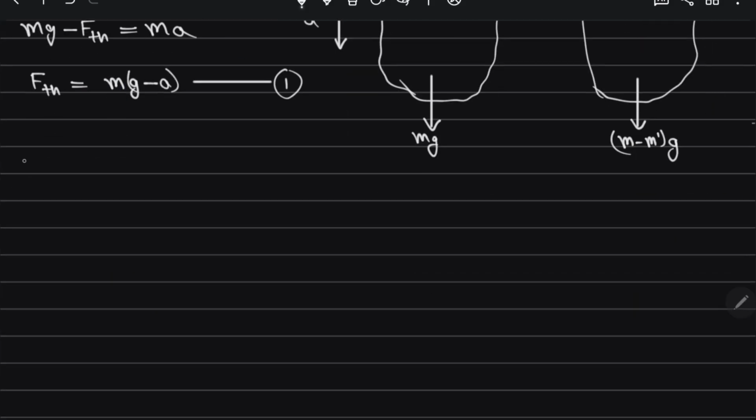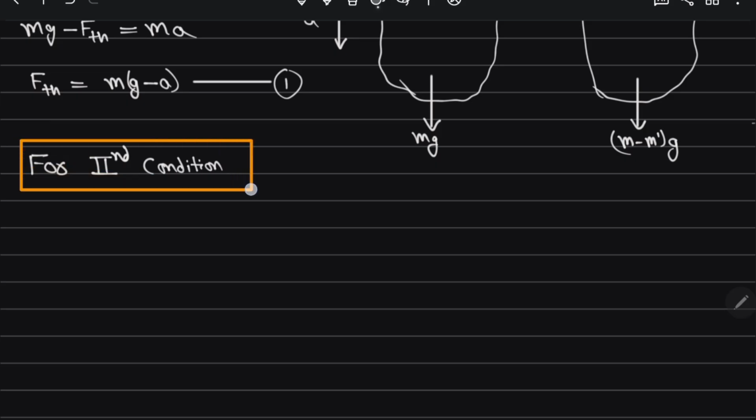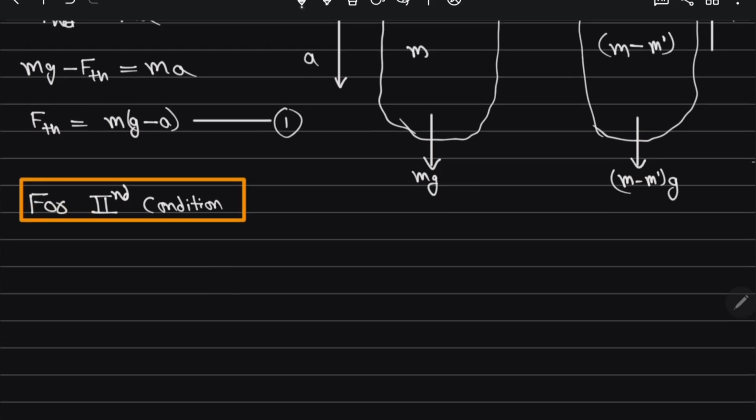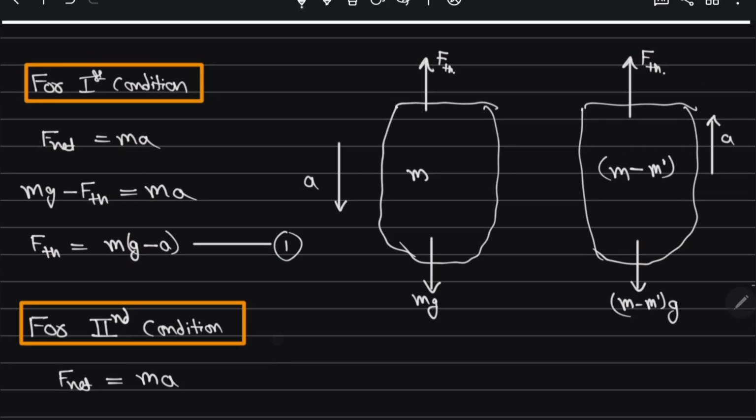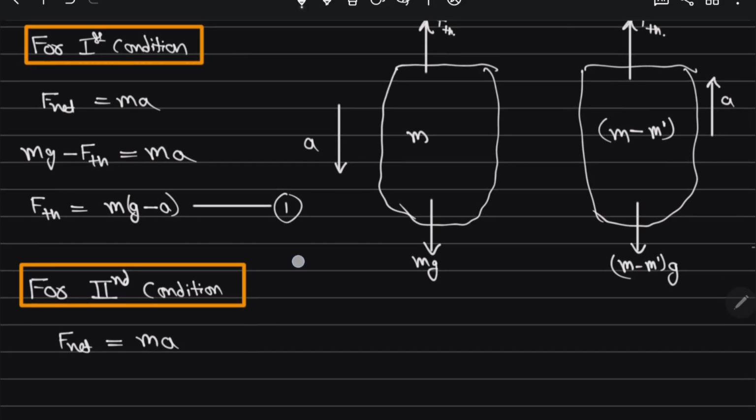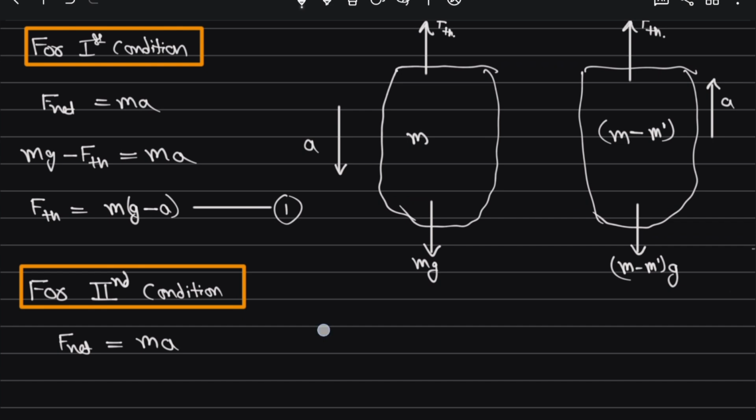Now for the second condition, again apply the equation of motion: F net is equal to mass into acceleration. Now this balloon is moving upwards.